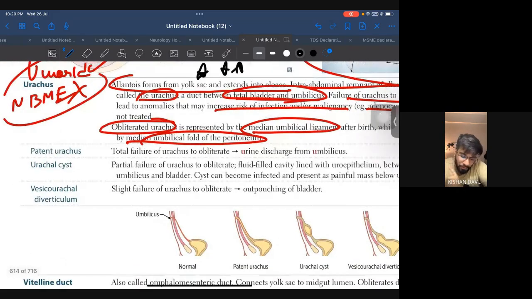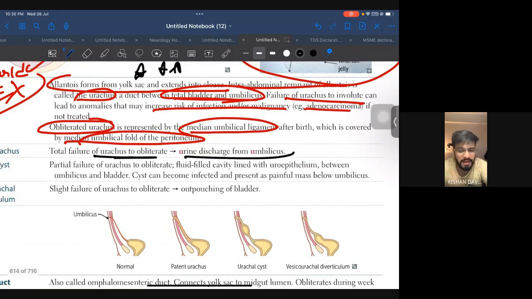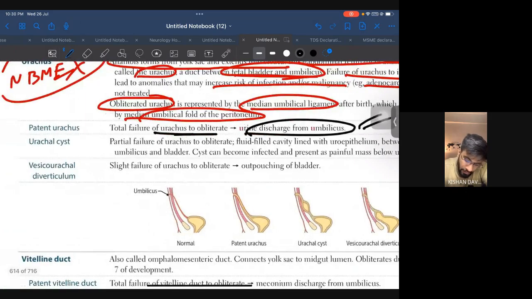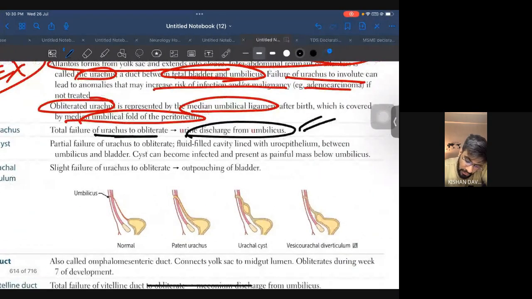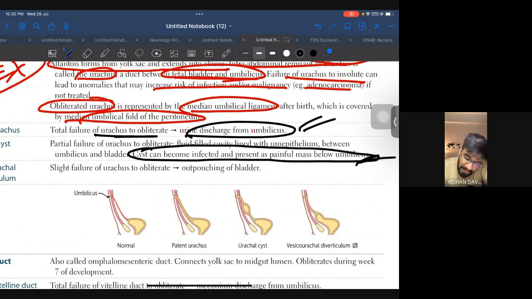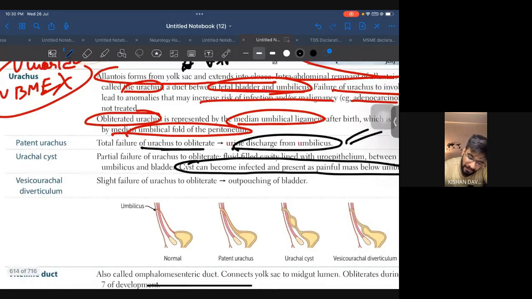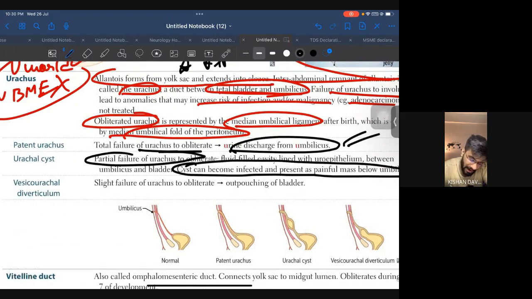Coming to disorders of the urachus. Patent urachus is total failure of the urachus to obliterate: urine discharge from the umbilicus. They will give you this symptom. Urachal cyst: partial failure of urachus to obliterate; the cyst can become infected and present as a painful mass below the umbilicus.